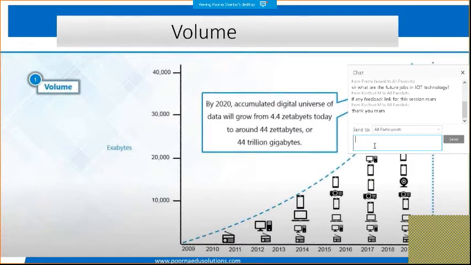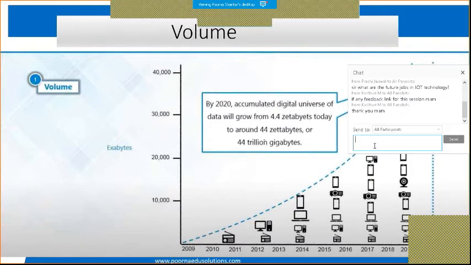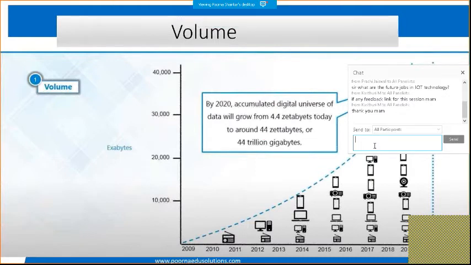Thank you. Yes, ma'am. So, we just talked about the volume. As we know, last year we had 44 trillion gigabytes of data. As the statistics rightly said, 2 years ago the data was only 22 zettabytes.